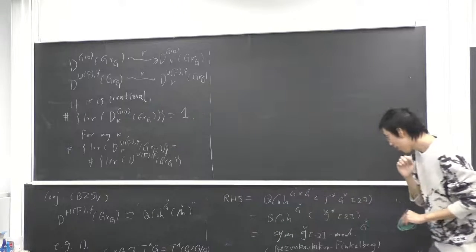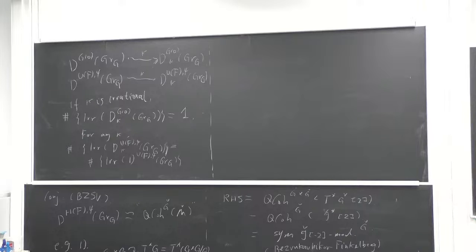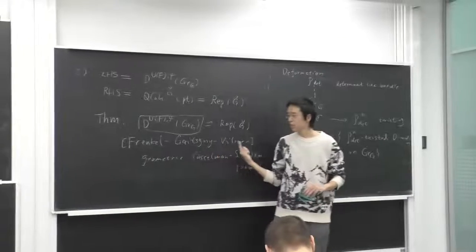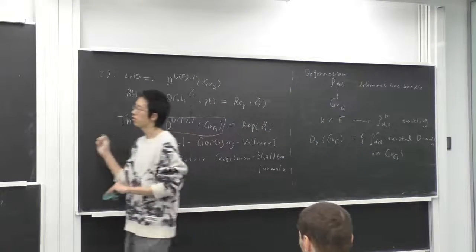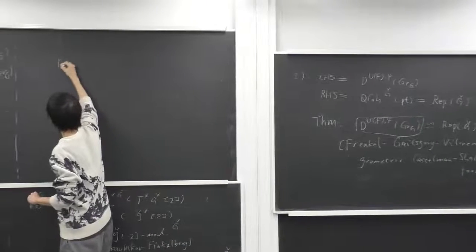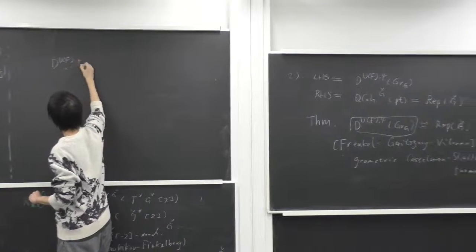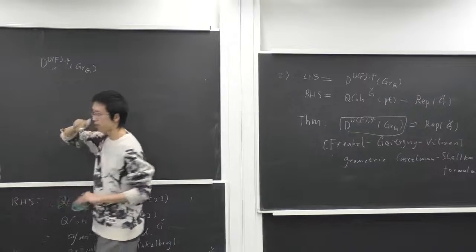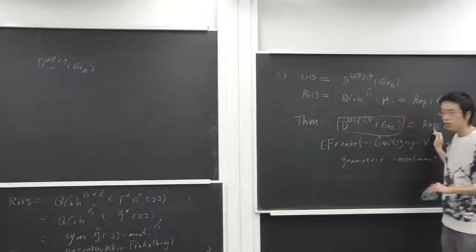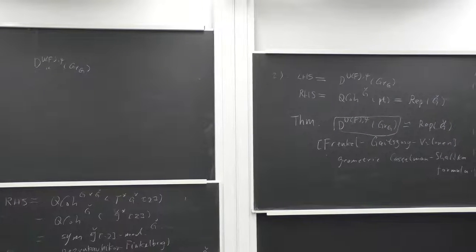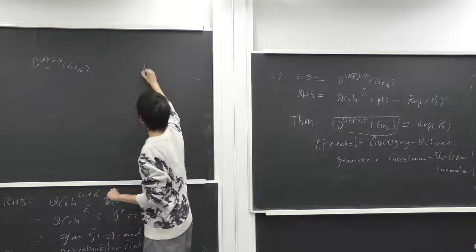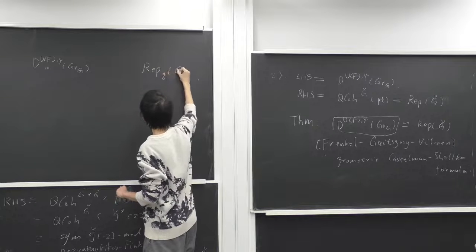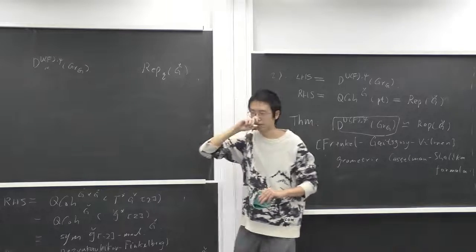So let us go back to our example here. You notice that for the geometric Langlands formula, on the left-hand side you have a meaningful, good deformation, which is given by the category of UFC kappa twisted D-modules on some Grassmannian, and on the right-hand side, the representation category of the Langlands group also has a good, naturally defined deformation, which is given by the category of representations of the corresponding quantum group, right?